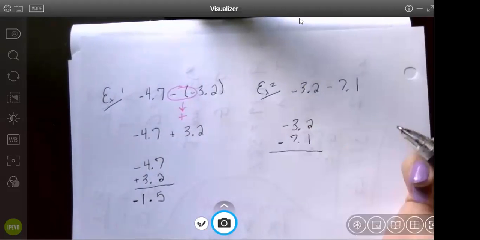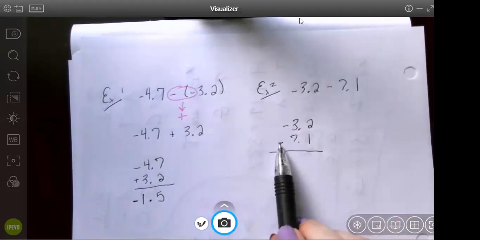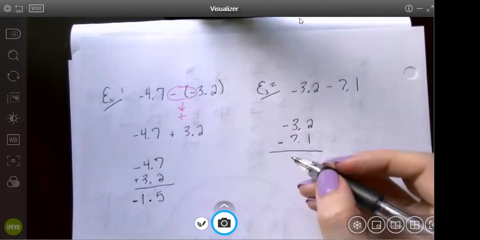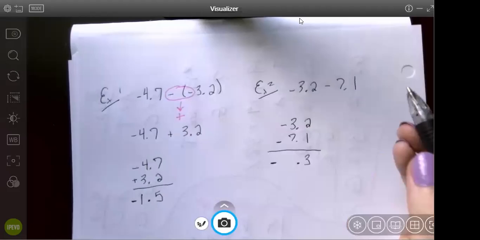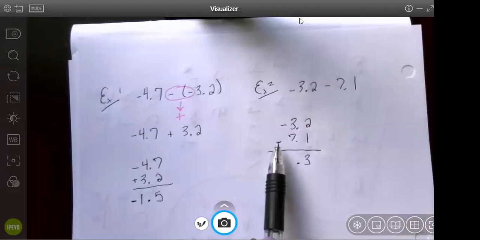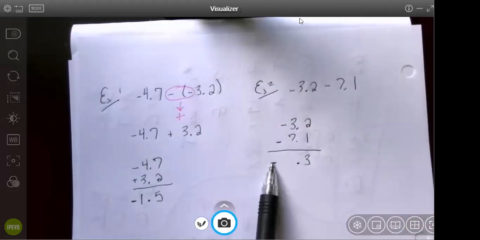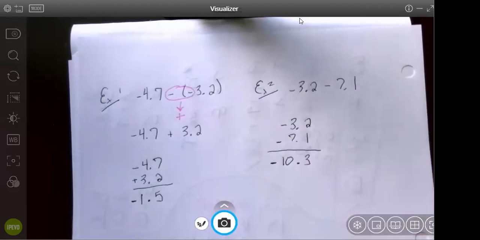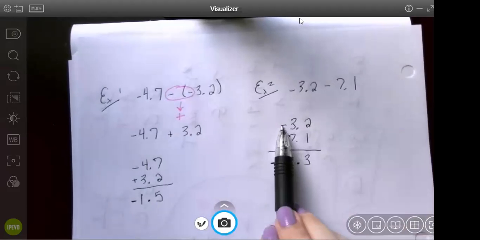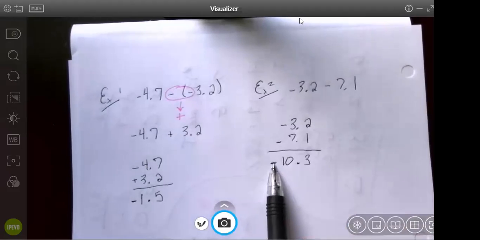And then the same thing, we do negative 0.2 minus 0.1 is negative 0.3. And then negative 3 minus 7 is negative 10. Okay, so we always come back to the signs that are in front every time we're adding and subtracting, and then we always put our sign right there.